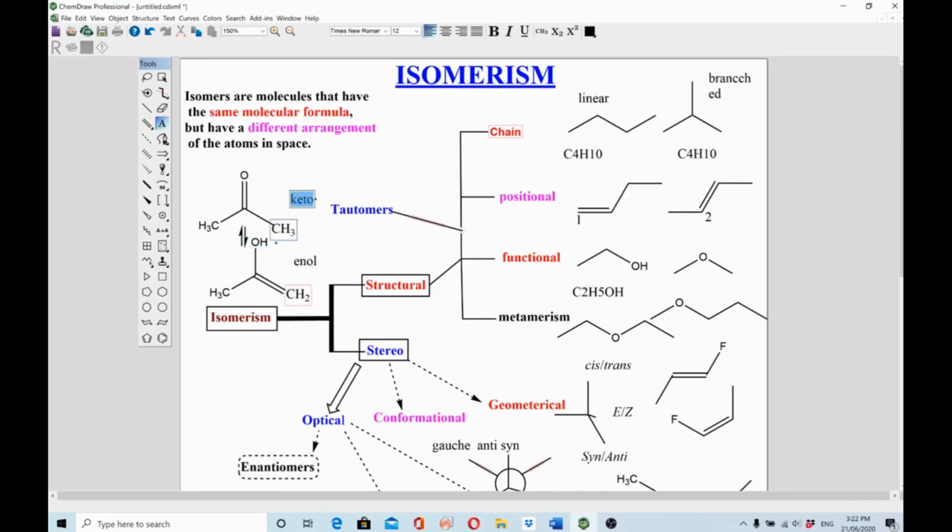Have a look at this compound. There are 6 protons total. Have a look at this compound. There are 6 protons, and protons means hydrogens. And there's a change. One proton goes to this oxygen, makes it OH, and this double bond shifts to this one, and this is called ene. So let's revise again. There are 5 types of structural isomerism: chain isomerism, positional isomerism, functional isomerism, metamerism, and tautomerism.